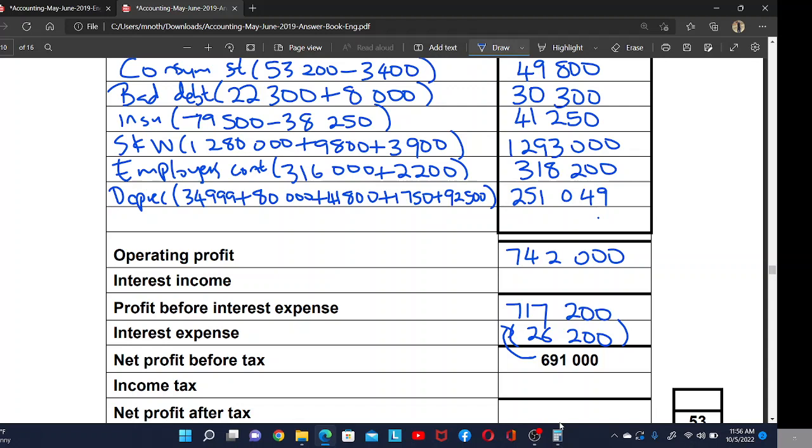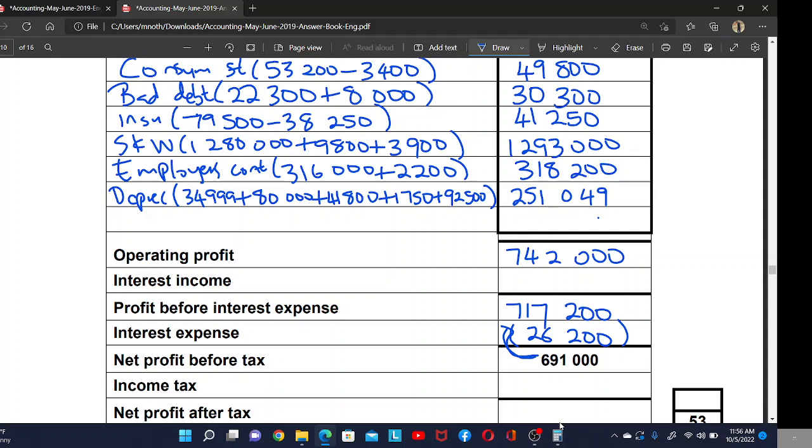Remember I said to get the net profit before tax, we say profit before interest expense minus interest expense. But because we are not given the profit before interest expense, but we are given the net profit before tax, we say net profit before tax plus interest expense. Again, to get the profit before interest expense, we say operating profit plus interest income.